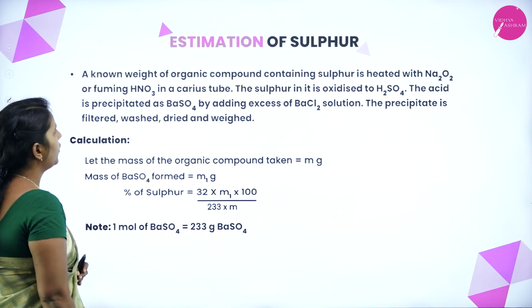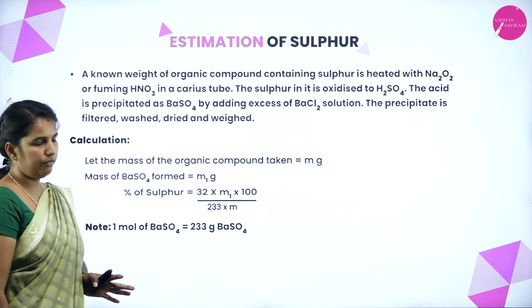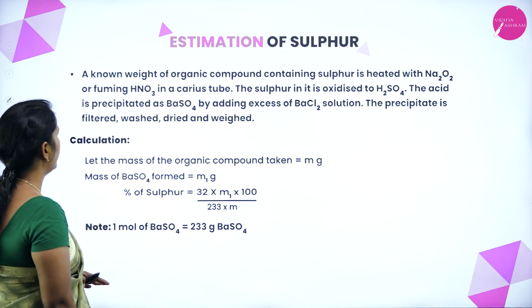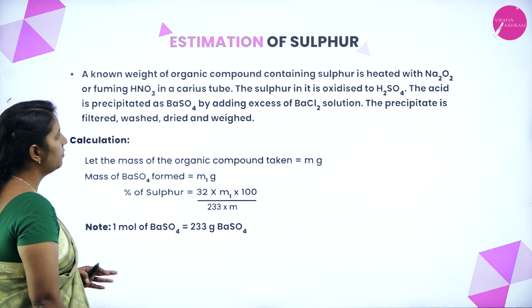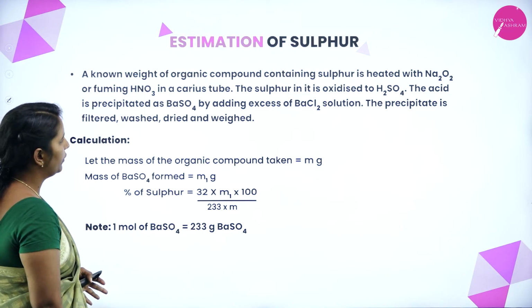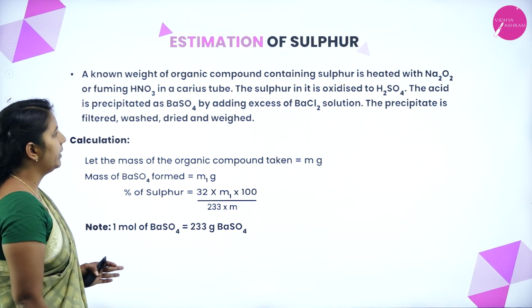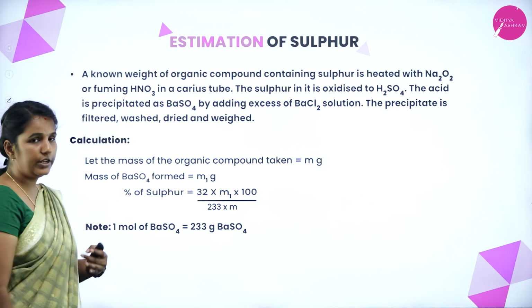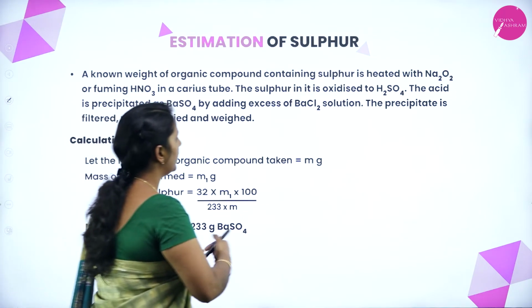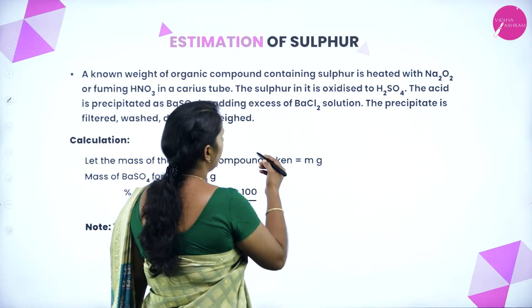A known weight of organic compound containing sulfur is heated with sodium peroxide or HNO3 in a Carius tube. The sulfur is oxidized to sulfuric acid. Then you get a precipitate of barium sulfate after treating with barium chloride. I can show this with the equation.